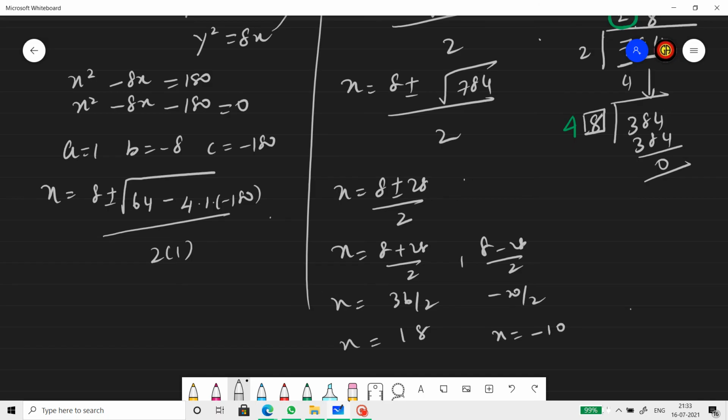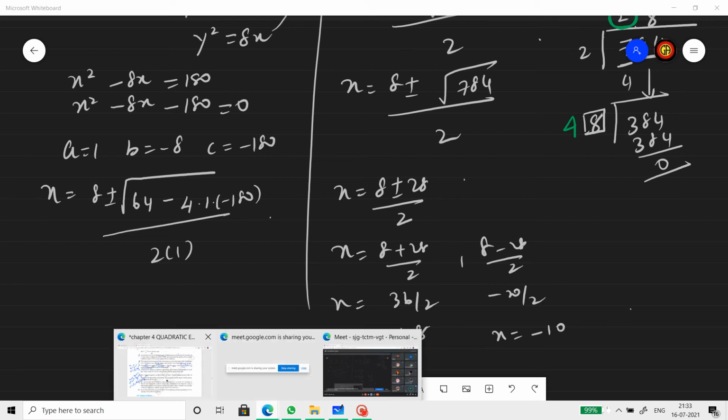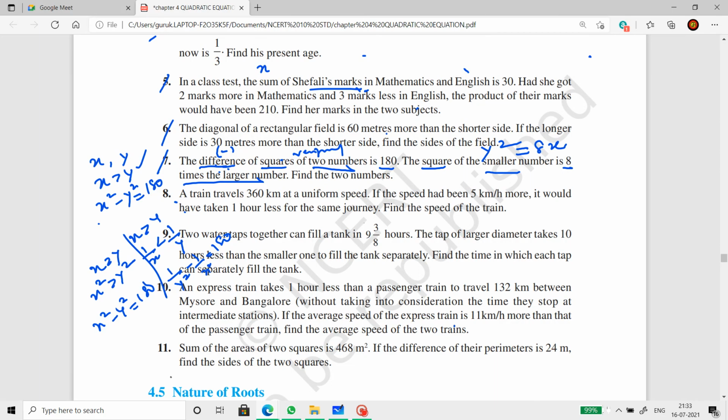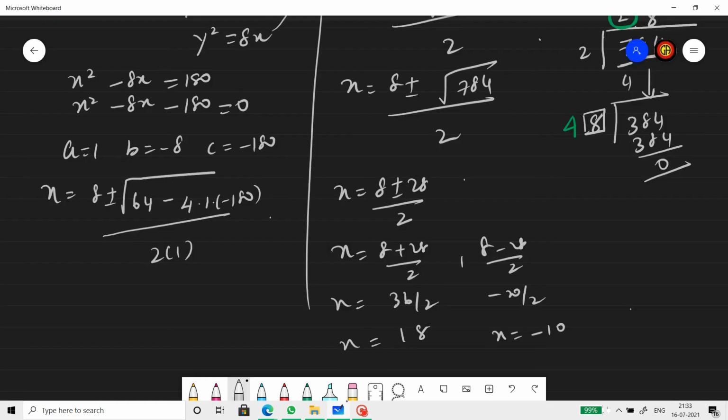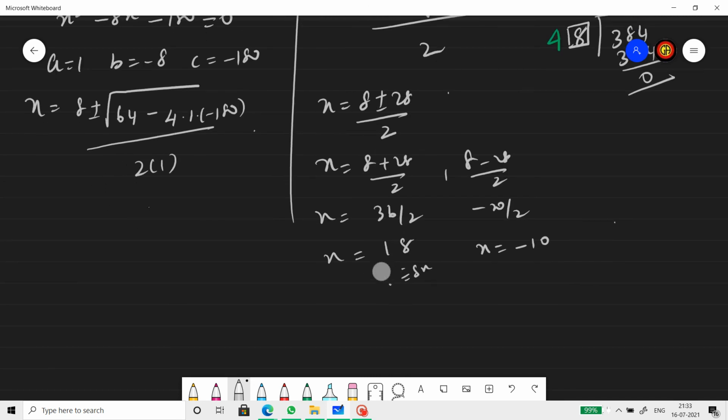So when x is 18, y will be: y square equals 8x is one of the given pieces of information.